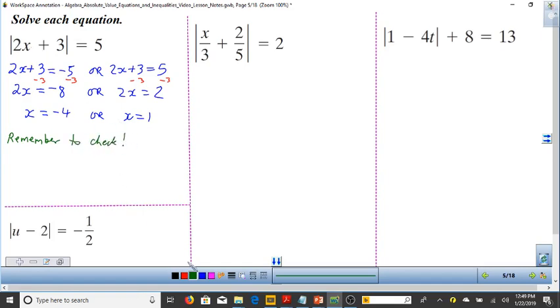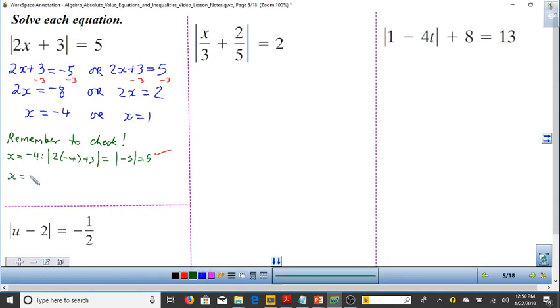Let me just show it. When we try x equal to -4, we have on the left-hand side 2 times -4 plus 3, that's -8. -8 plus 3 is -5. So that gives you the absolute value of -5, which is 5, and that works. And then let's try the other number.